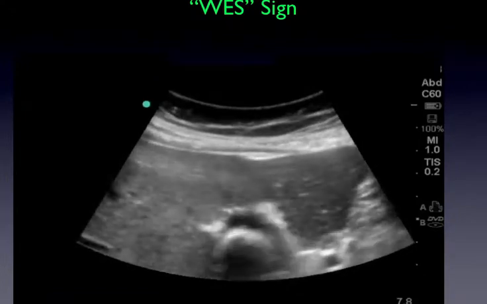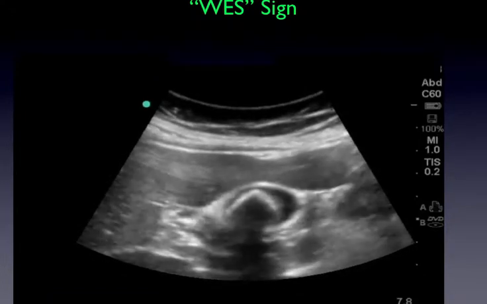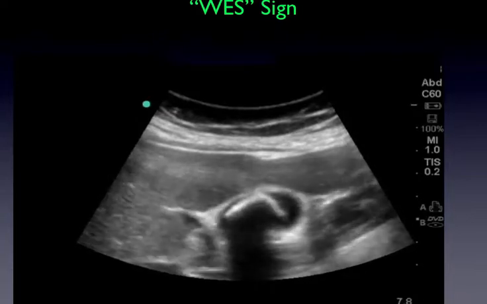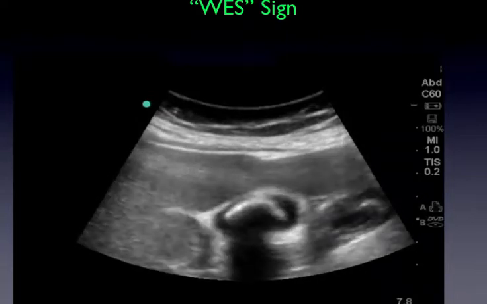All right, here's an important sign to remember, and that's the WES sign. So we know that ideally patients should be NPO past midnight for an ultrasound exam. Why? Well, if you eat something, particularly if it's a fatty meal, the bile will be released by the gallbladder. The gallbladder contracts, and you can't see the gallbladder as well.